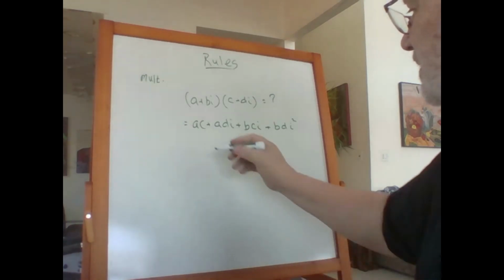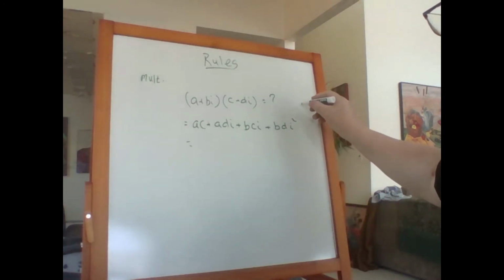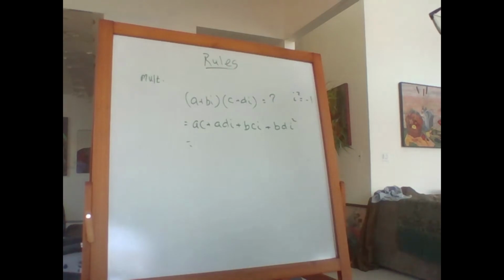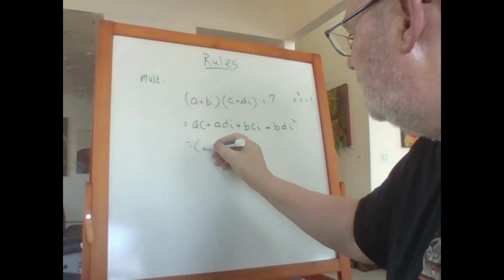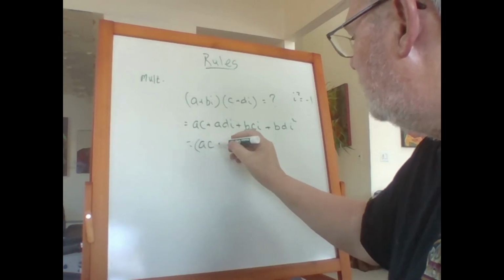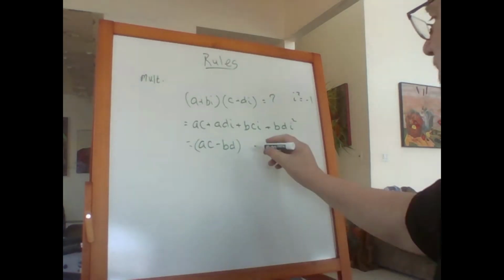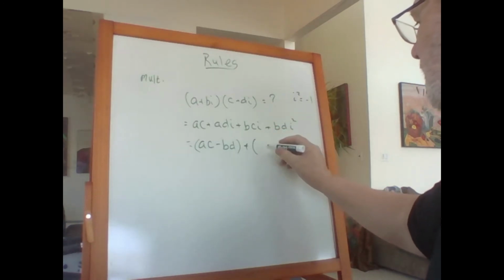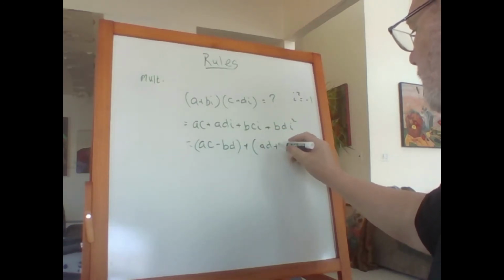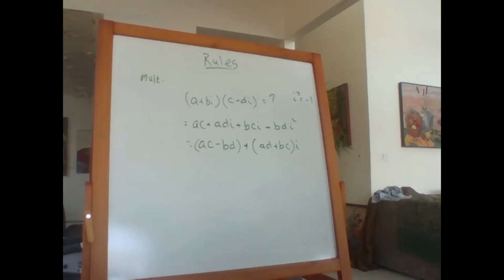So now we can take the real components and the imaginary components. Now, i squared is minus 1. So we have ac minus bd plus (ad plus bc)i. And that's what we have for multiplying imaginary numbers.